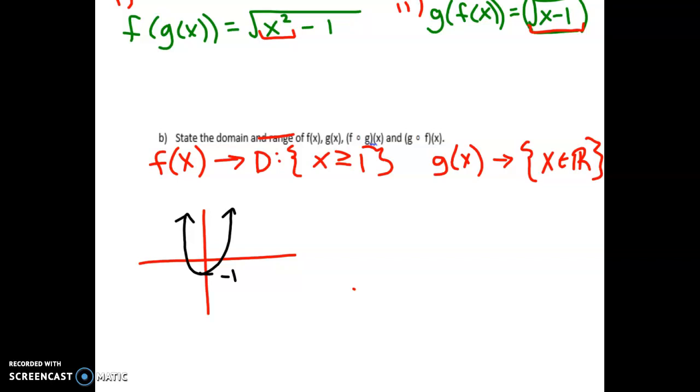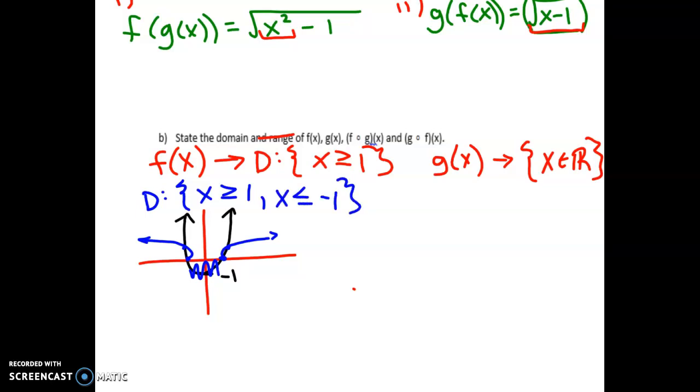When you square root a parabola like this, you put your invariant points on, and then your graph would go to the outside for both. That's because down here you can't root a negative, so there would be no graph down there. So when I think about this graph, we'd say that the domain is that x is greater than or equal to 1, or x is less than or equal to negative 1.